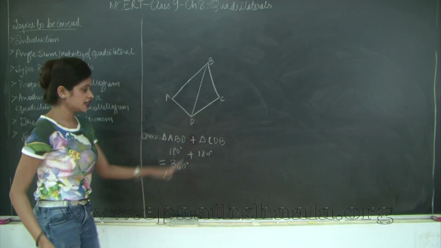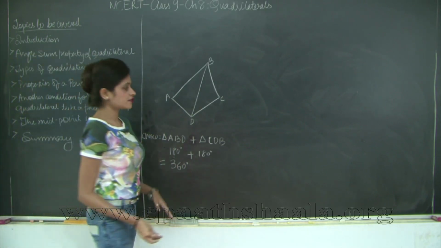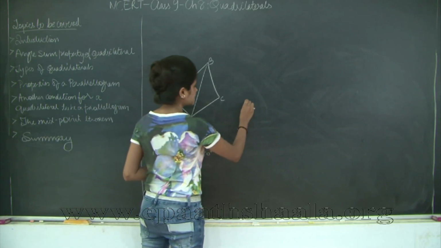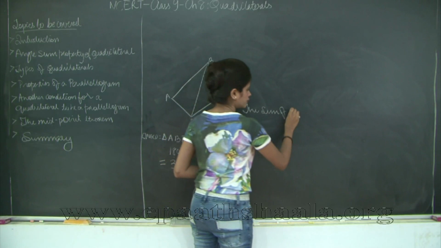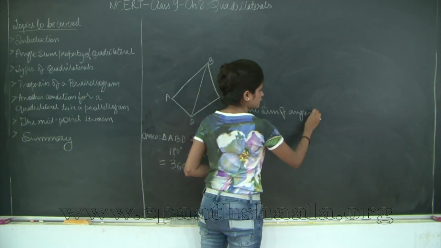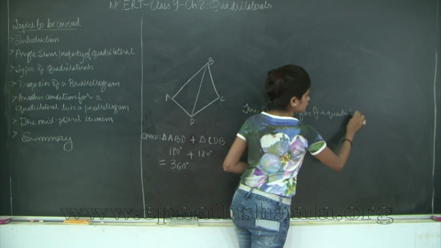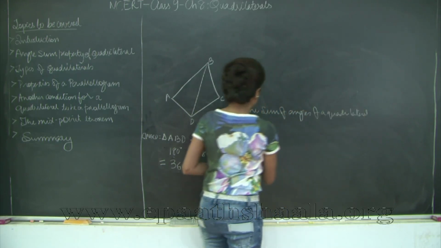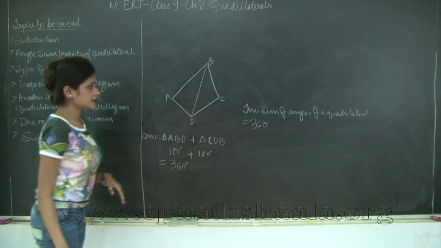So this is applicable and it is true for any quadrilateral that the sum of angles of a quadrilateral is 360 degrees, right?